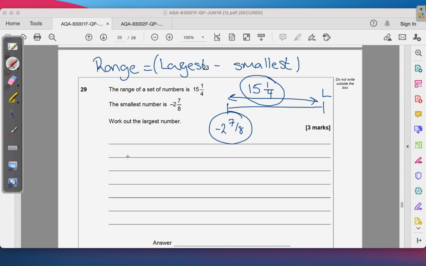So I'm going to convert these into a different fraction, just to make it easy to deal with. So 15 and 1/4, I'm going to turn it into an improper fraction. 15 times 4 is going to be 60. And we've got 1/4, so it's going to be 61 quarters. Okay. Now, minus 2 and 7/8.